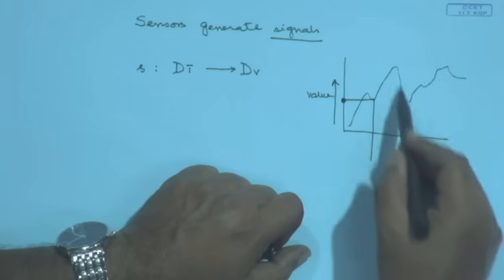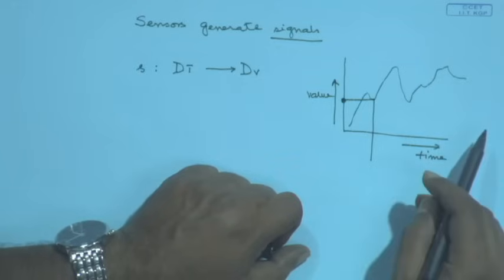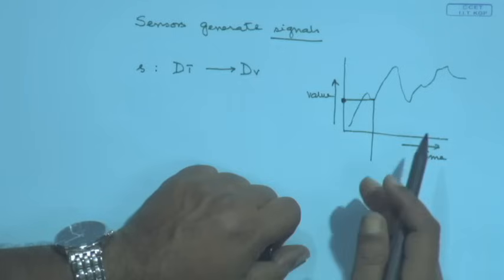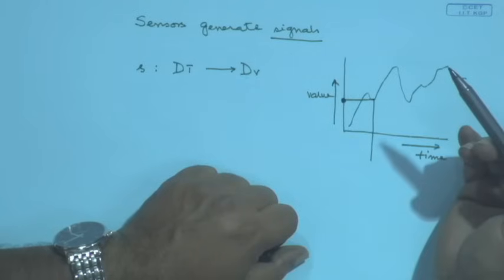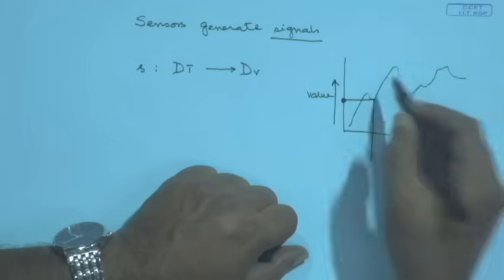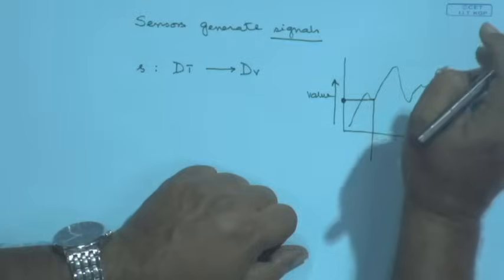Now, this is analog, this is a continuous signal. This time is also continuous. Theoretically I can map from the continuous domain to the continuous domain, but for all practical purposes we need to do discretization.